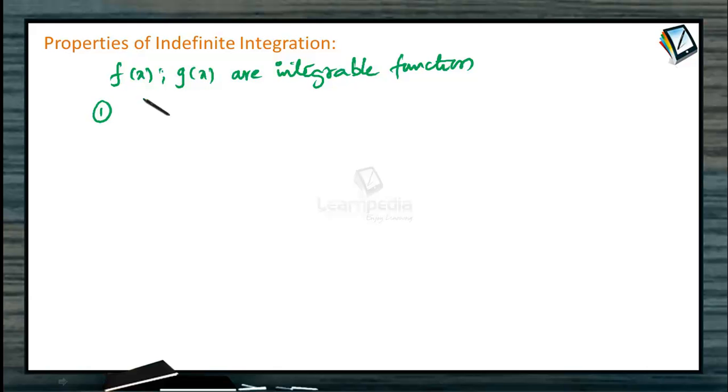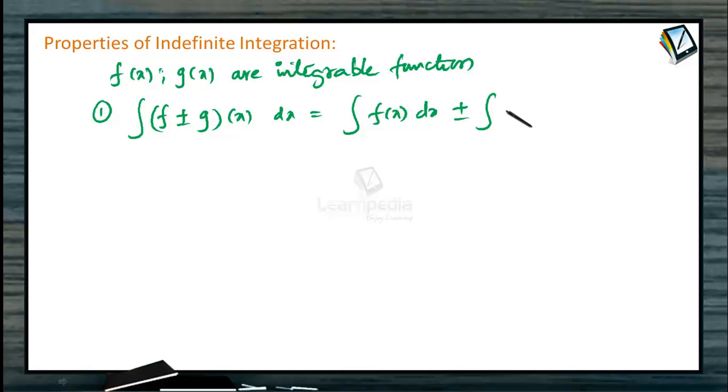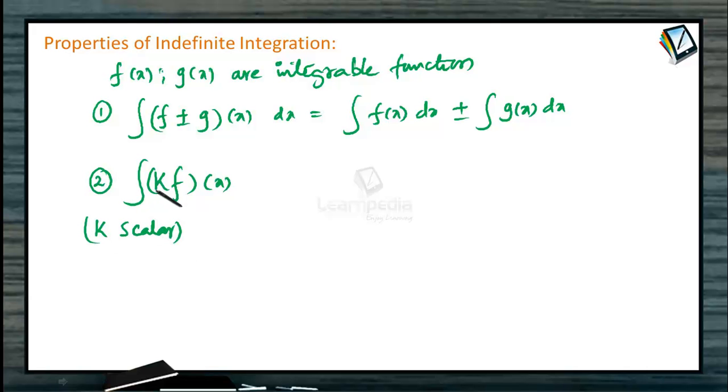The first property: the integral of f plus or minus g of x dx can be taken as the integral of f of x dx plus or minus the integral of g of x dx. Second, if any function is multiplied by a constant, k times f, where k is a scalar, a real number, then the integral of k f of x dx is equal to k times the integral of f of x dx.